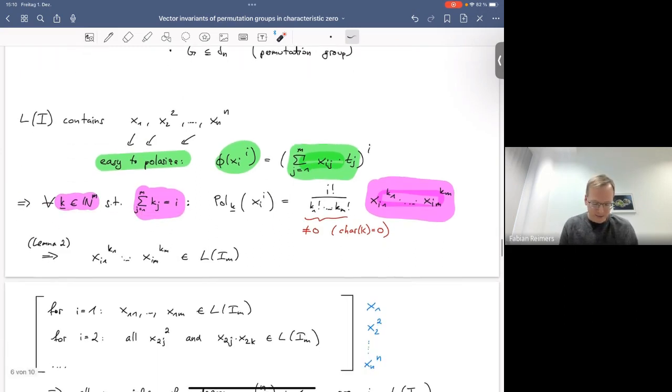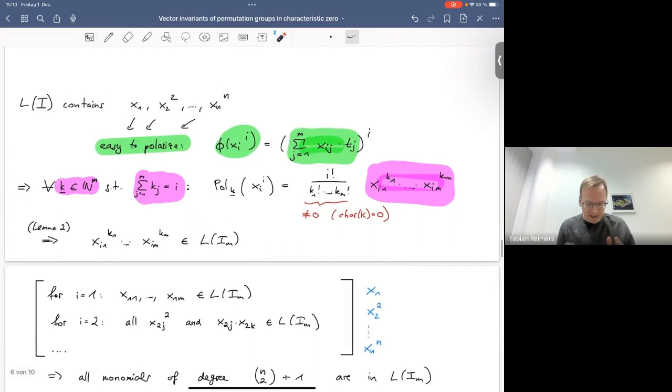To make it more specific: for the first variable, i equals 1, we had x1, and now we get x1 in the first copy up to x1 in the mth copy in the lead term ideal. For the second variable, we had x2 squared, and now we get x2 in the jth copy squared, and these are also in the lead term ideal, and so on.